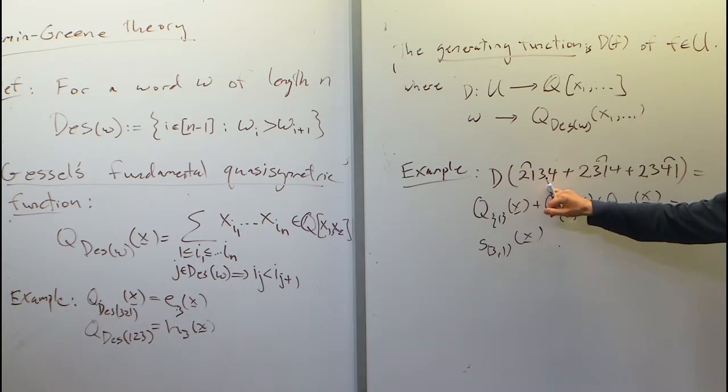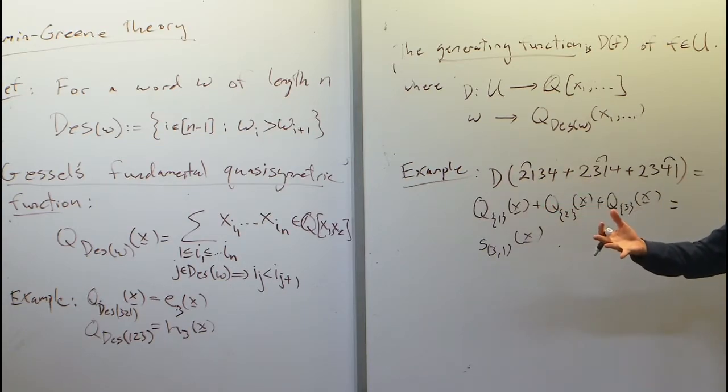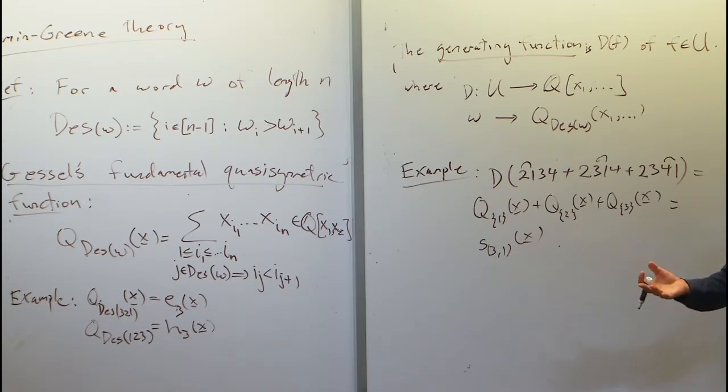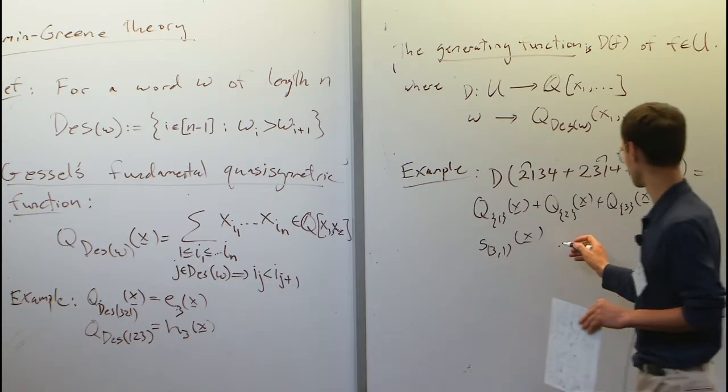Actually, it would probably be the recording tableau of each of these. And then when you sum up over all those semi-standard Young tableau, that would give you the character of the whole S31.